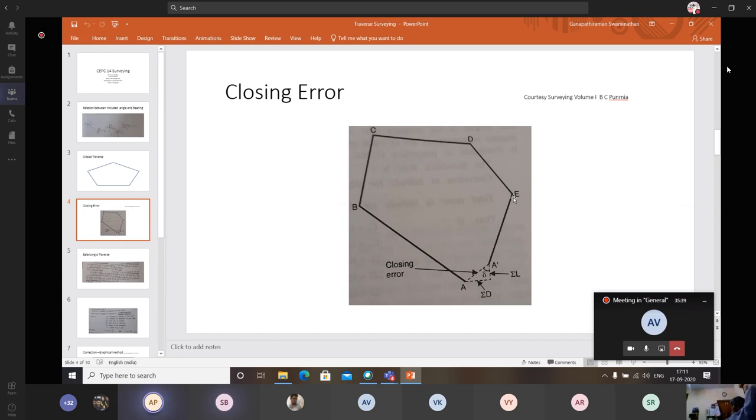Towards A, because A dash is a virtual thing, no? You don't have A dash, but you come to office and start plotting it. Plotting is not done in the field itself. Office work is done in the office only. You have collected the data, you know the degree of precision of angular measurement and of linear measurement, and you have got a weighted arithmetic mean. That is why you get quality control.